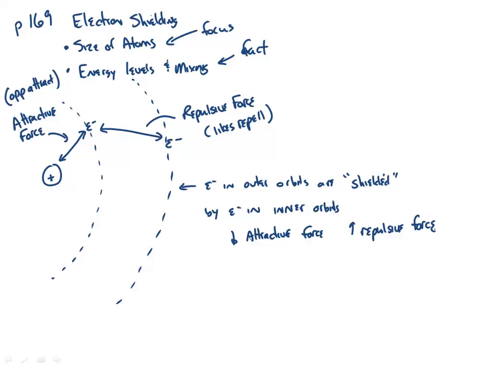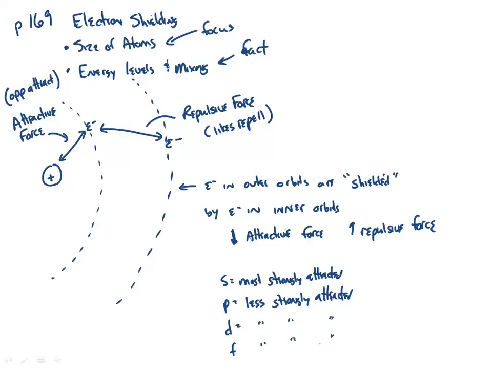So different electrons feel a different attractive force from the nucleus. For instance, s electrons are the most strongly attracted, whereas because of their shape, the p orbitals are less strongly attracted. Same thing with the d and then the f. And so depending upon which one you have, they have different energy levels.